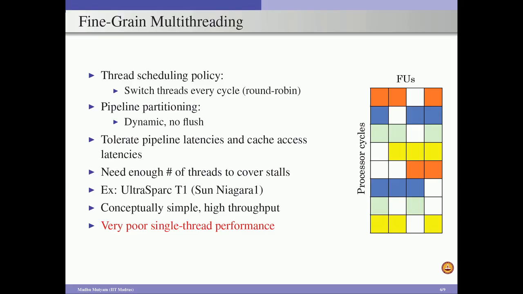So as a result, single thread performance may not be improved, and the overall performance of a single thread will be significantly lower, but the overall throughput will be higher. So we are trading the single thread performance for improving the overall throughput of the system.